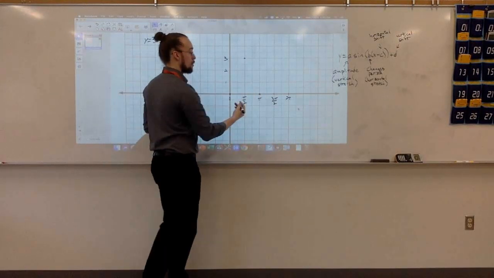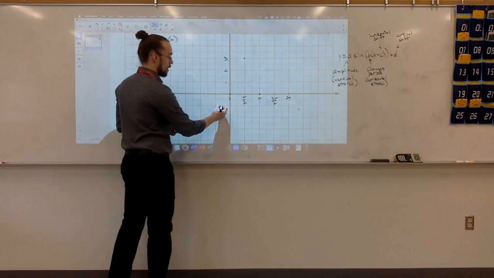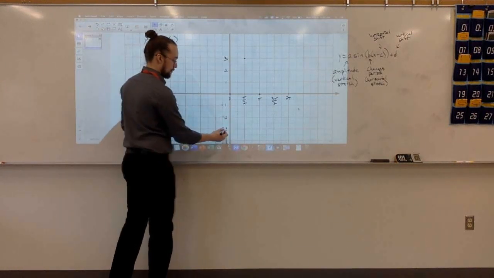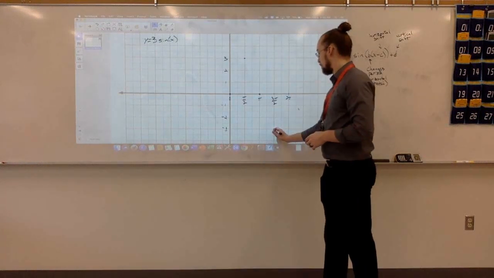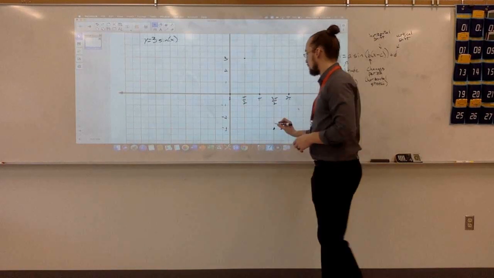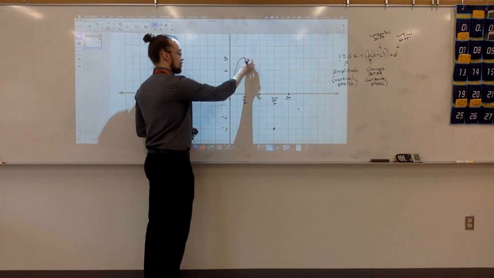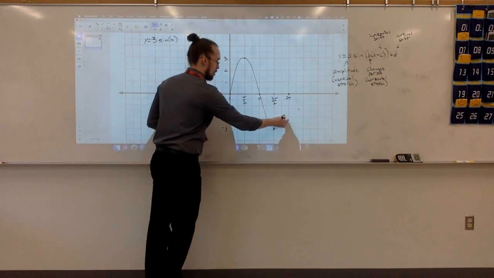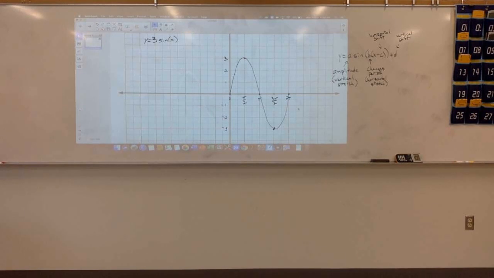And I'll still cross the x-axis at pi. My minimum value then is going to be negative 3 at 3 pi over 2. And I'll come back to the x-axis at 2 pi. So this would be what y equals 3 sine of x would look like.